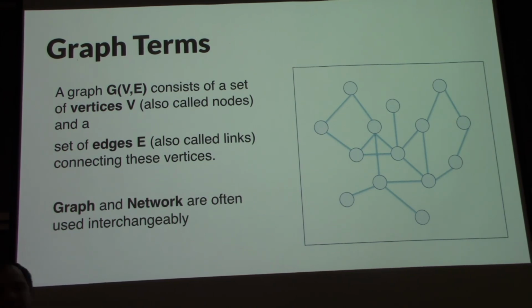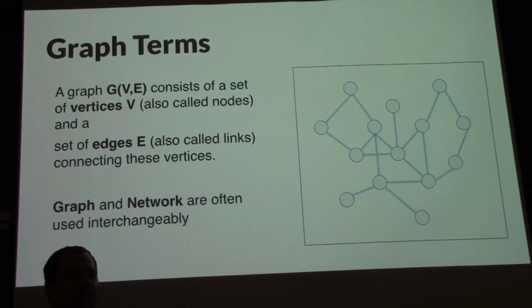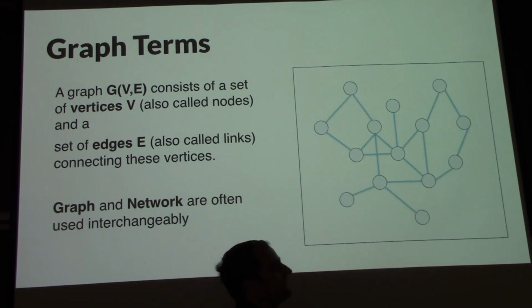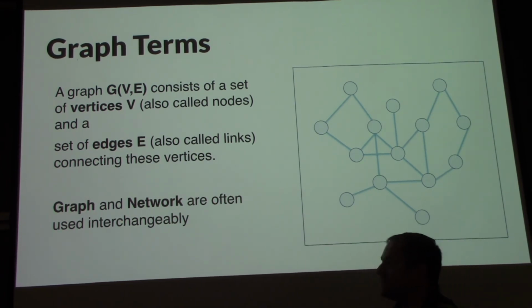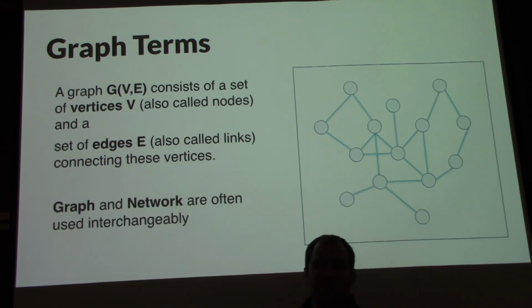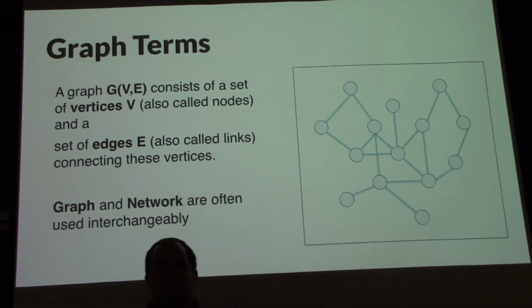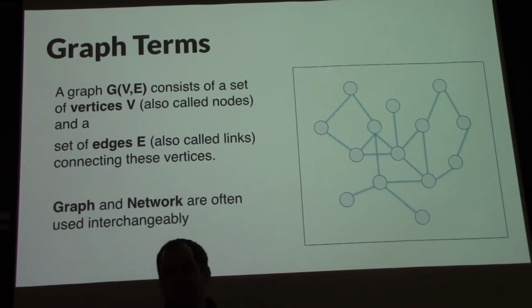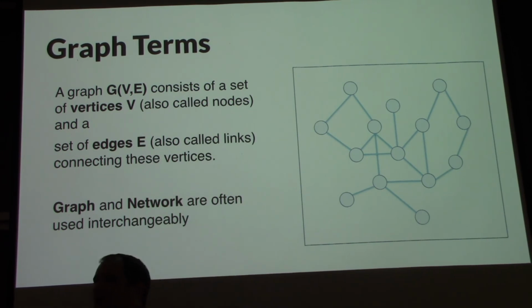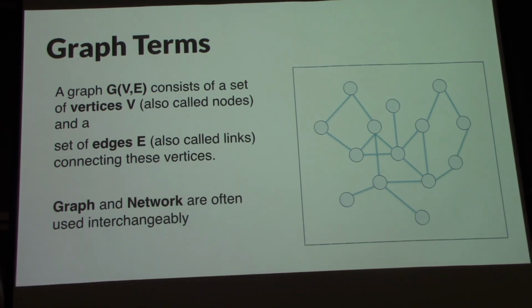What happens is that when you say graph to somebody who is not a computer scientist or a visualization person, they think of a chart. Network is usually the safer word if you want to talk to the general public. My distinction is that I use the word graph if I talk about graph theory and the general graph, and I talk about networks if I talk about something specific. So it's a social network, but it's a graph traversal algorithm.